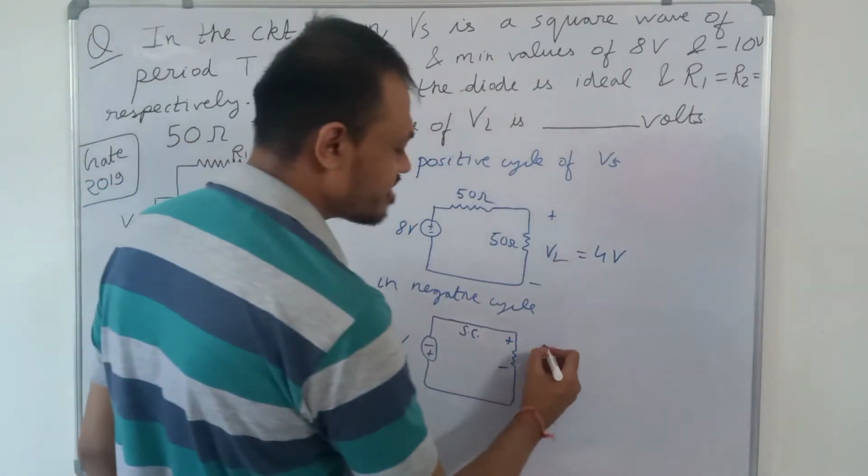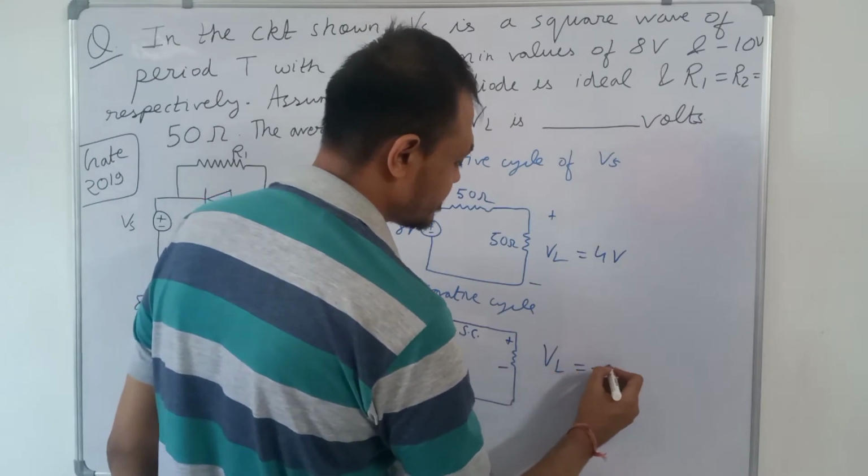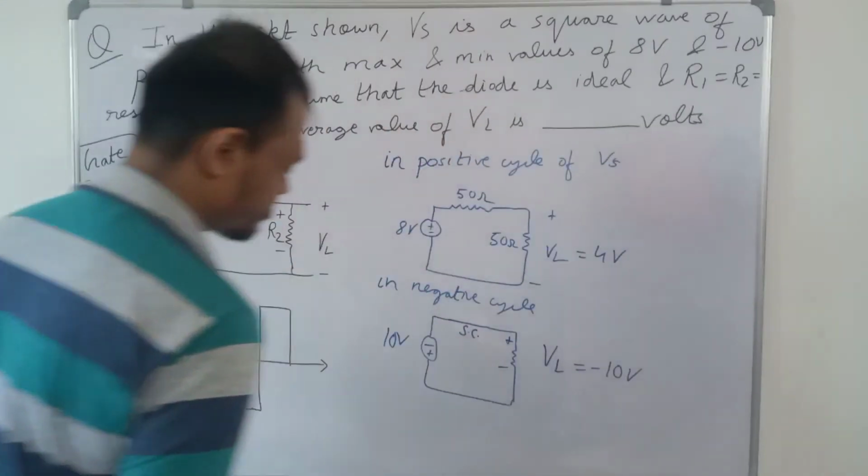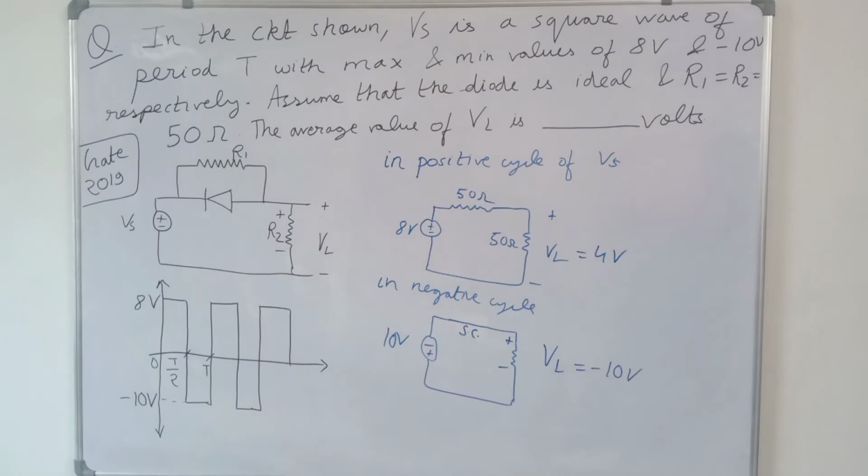So VL will be equal to minus 10 volt in this case.